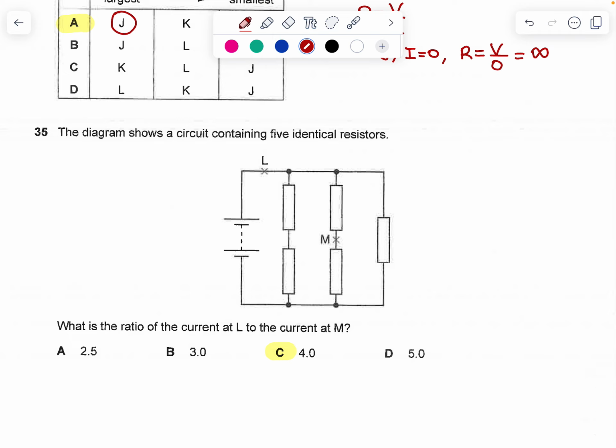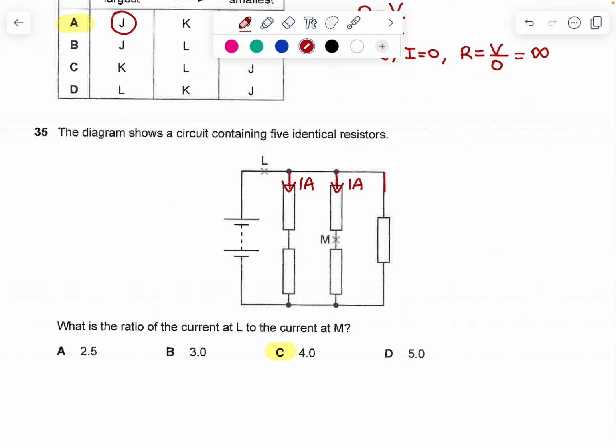Question 35. The diagram shows a circuit containing 5 identical resistors. So in this case, you can assume a certain current. You assume that here it's 1 ampere, which means this chain is also 1 ampere.